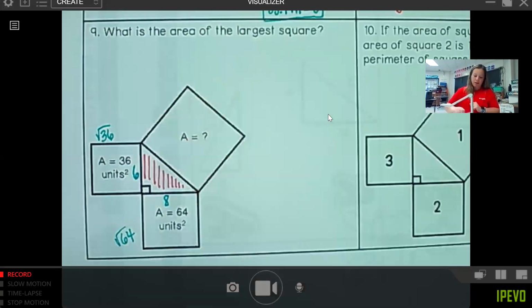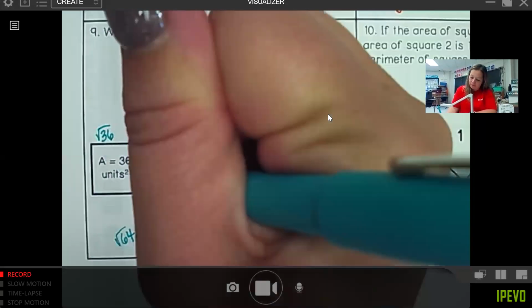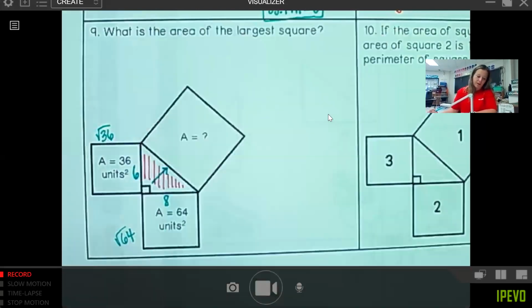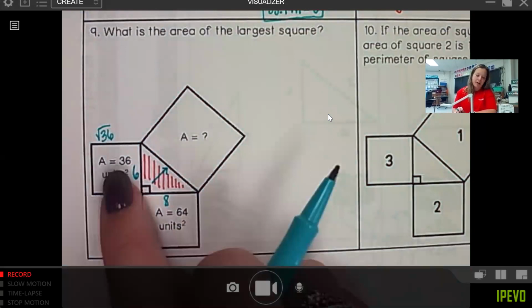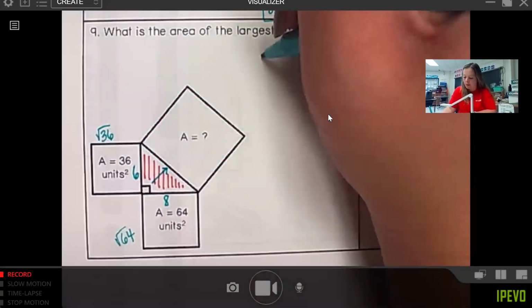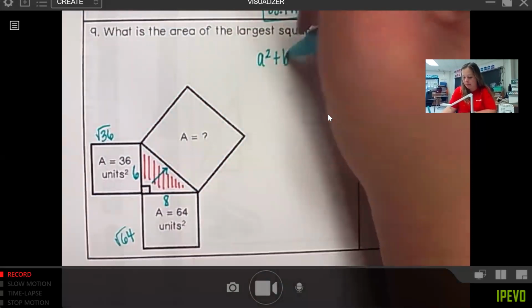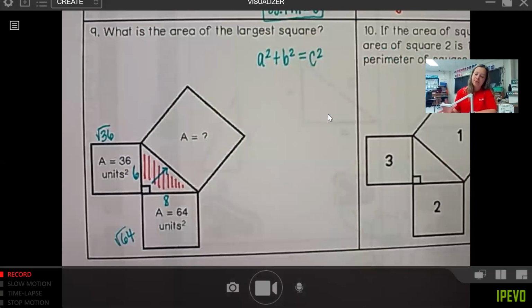Okay. So we can solve for C to figure out the area, or we can add together the smaller squares. These numbers are already squared. So when we use the Pythagorean theorem, a squared plus b squared equals c squared. These numbers are already squared for us.